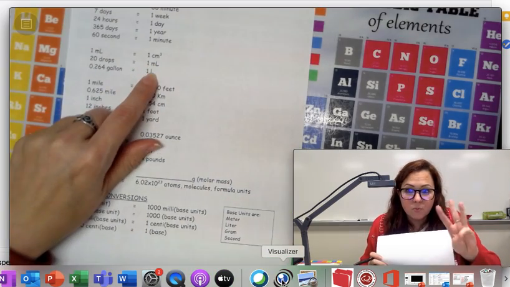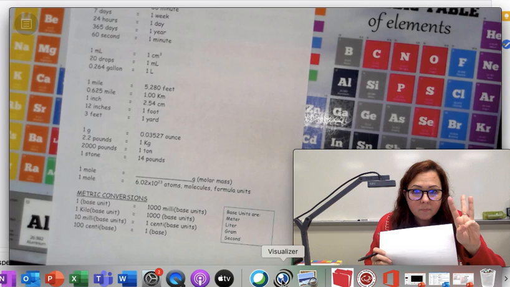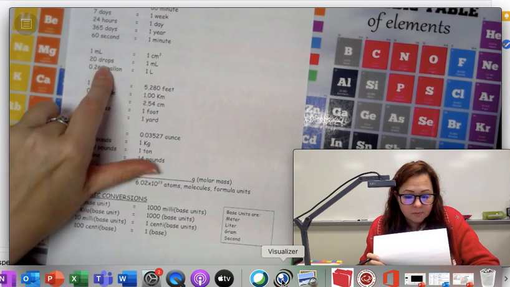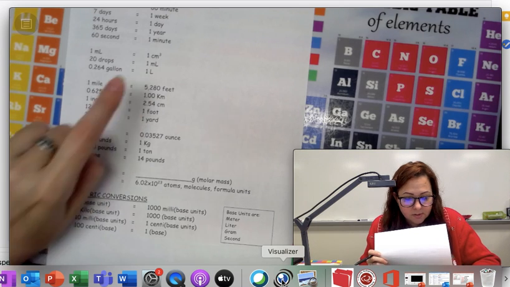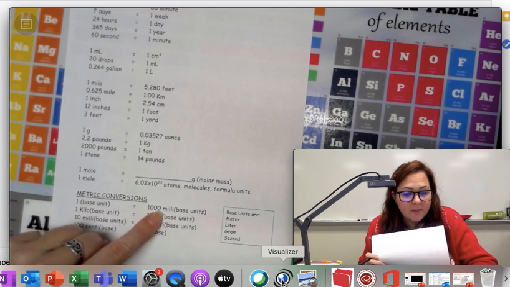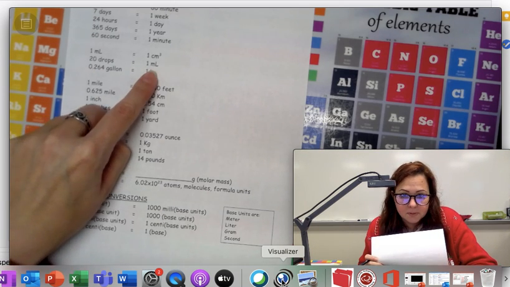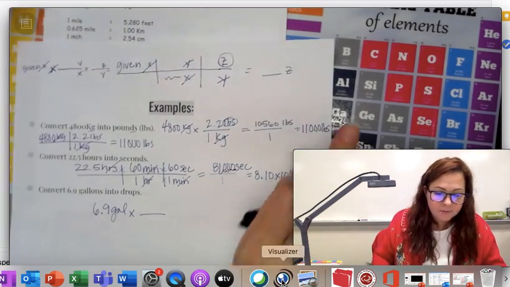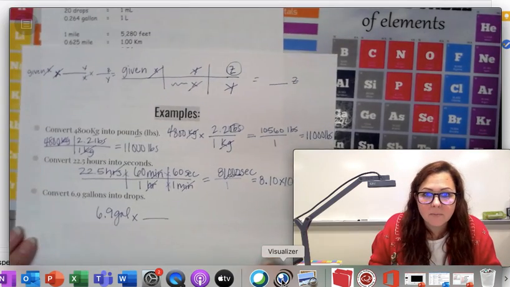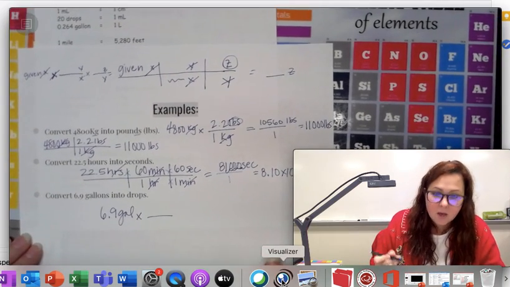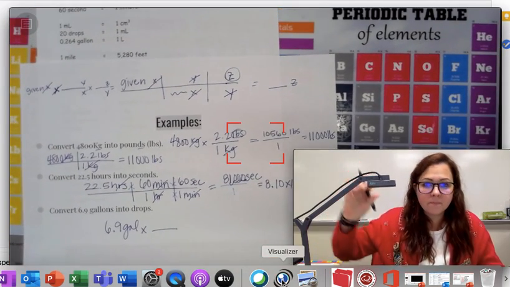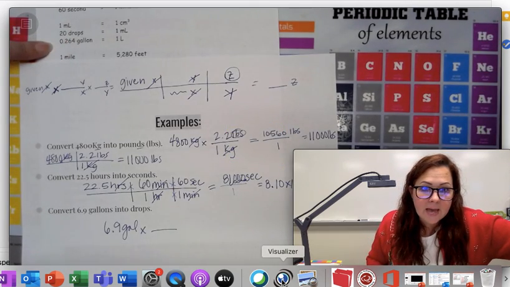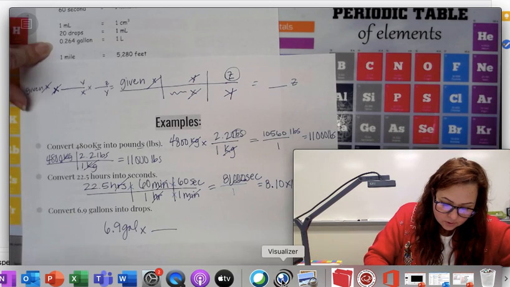So this is a 3-step problem. I'm going to go from gallons to liters, liters to milliliters, and then milliliters to drops. So we have gallons on top, so gallon has to go in the bottom of the next step to cancel. The conversion factor there says 0.264 gallon is equal to 1 liter.